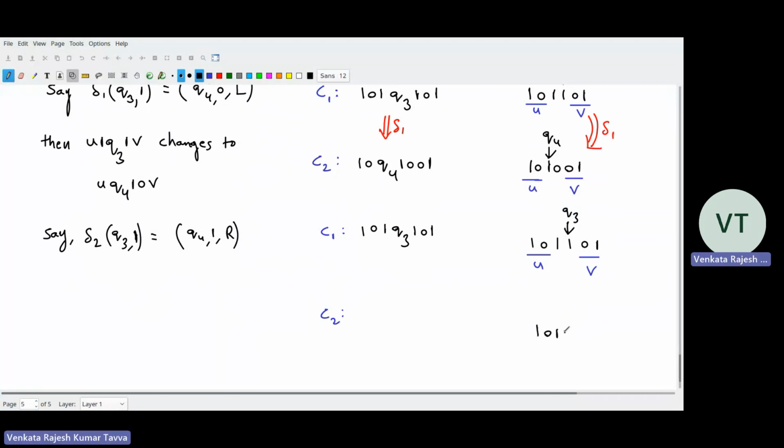So I have 101 101. Now Q3 keeps this one as it is, moves right by 1 position and it becomes Q4. So it will be Q4 and pointing to this 0. Okay, and still this is my U, this is my V. Now how do I write it in terms of ones and zeros?